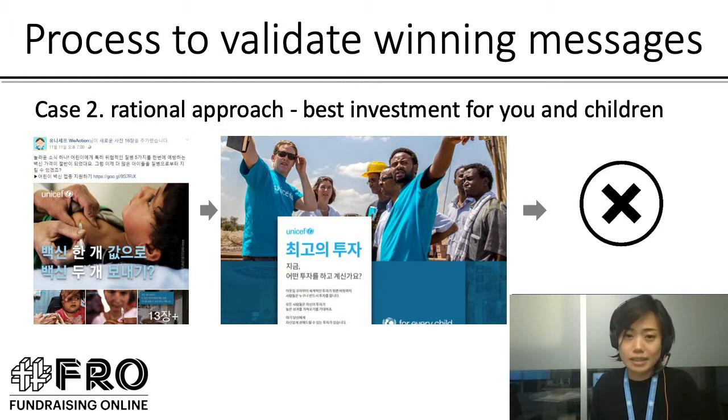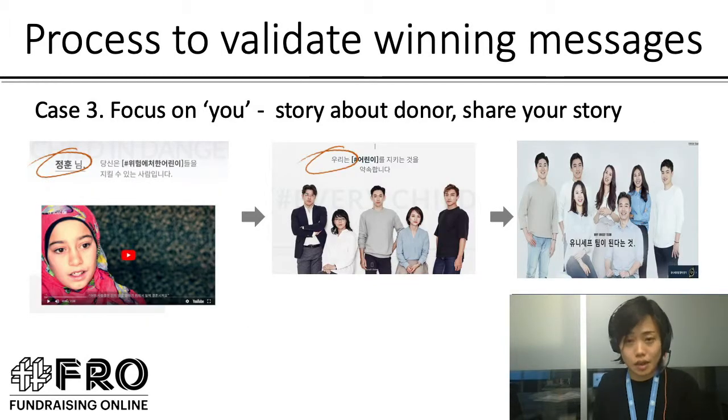The third case that we're showing now is about the campaign that we are most likely to spend most of our presentation on today, which is focused on donor-centered content. Through much organic content testing, they found out that donors resonate most when it's important to their own values and when it's important to their real-life experiences.